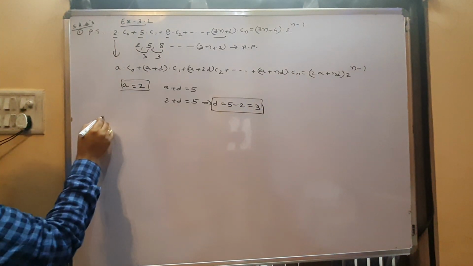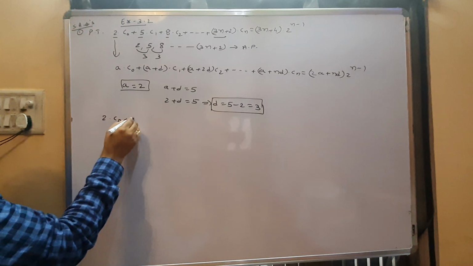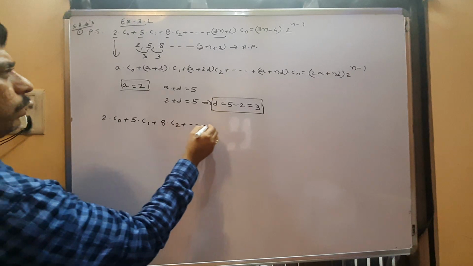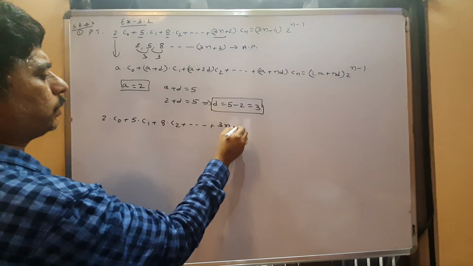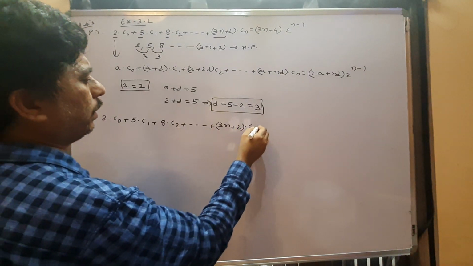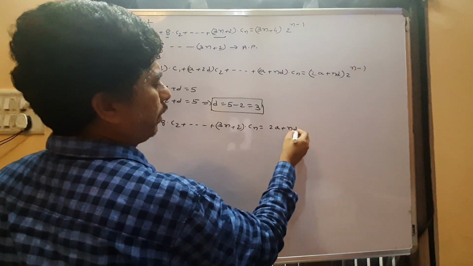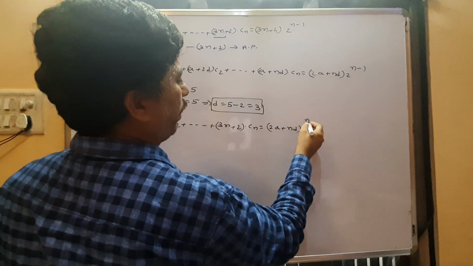And then therefore 2 times C naught plus 5 times C1 plus 8 times C2 plus and so on, (3n plus 2) into Cn equal to (2a plus nd) into 2 power n minus 1.